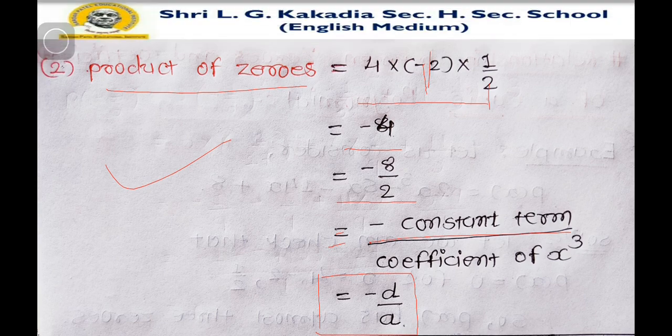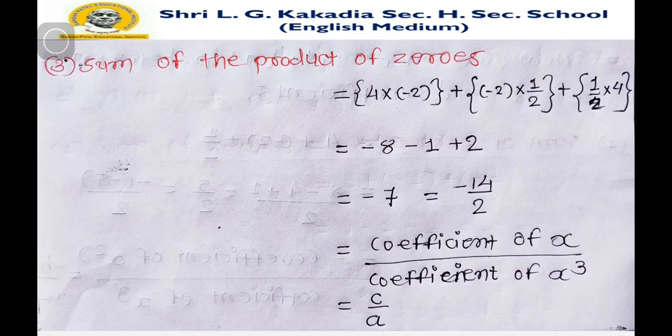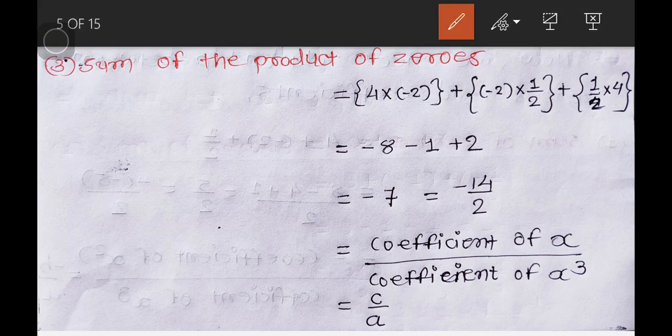Now the third relationship between zeros and coefficients of a cubic polynomial is the sum of the products of zeros taken two at a time. First we find the products of two zeros, and then we sum them.